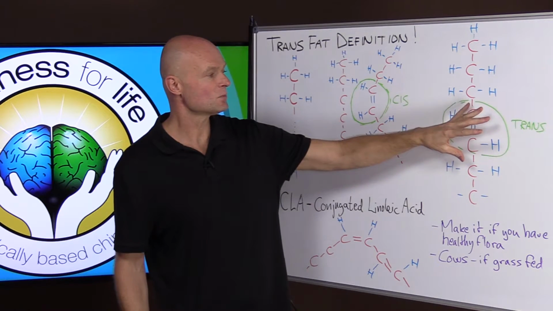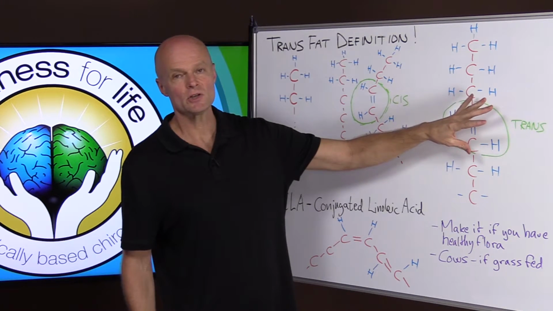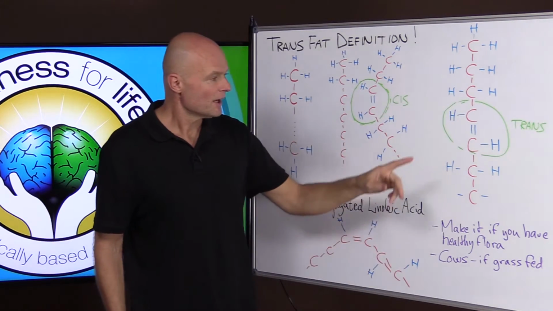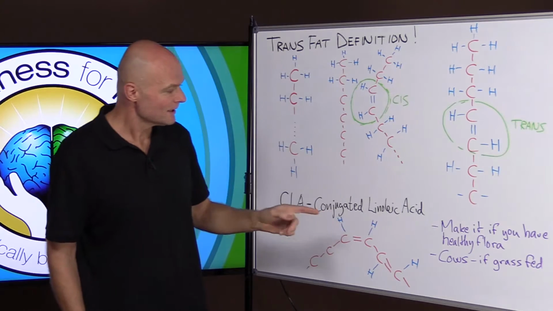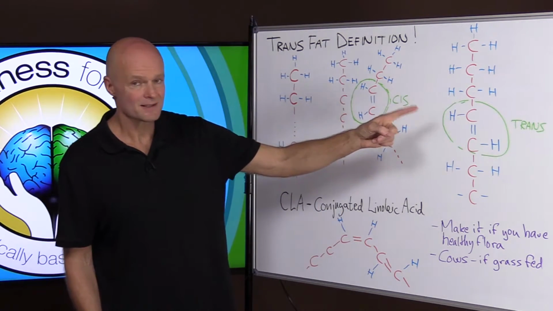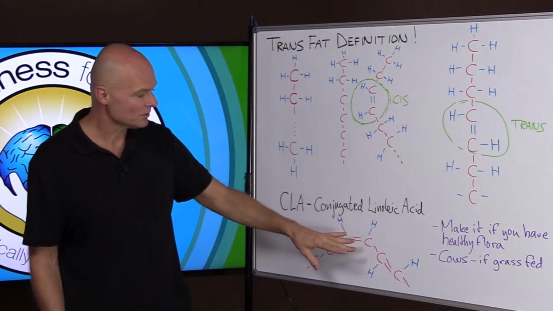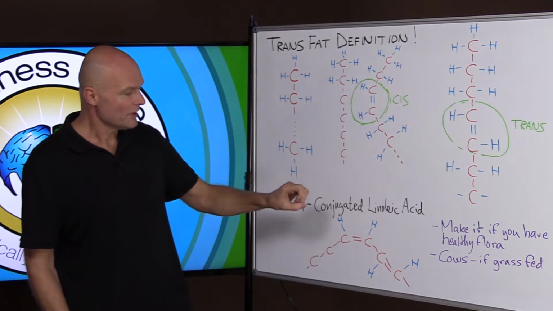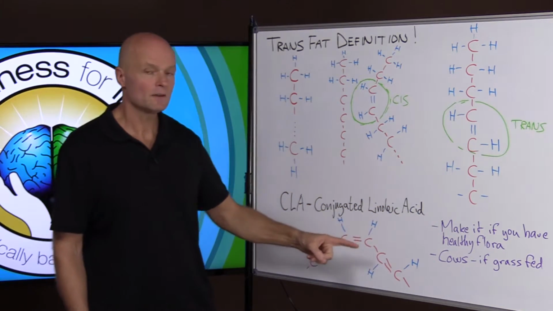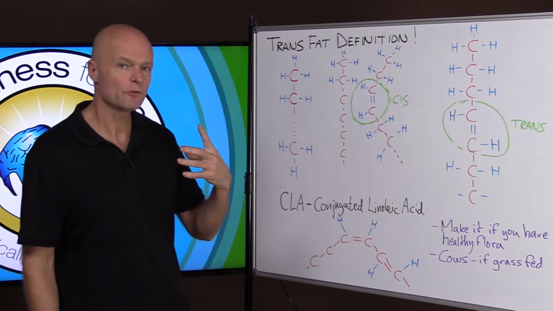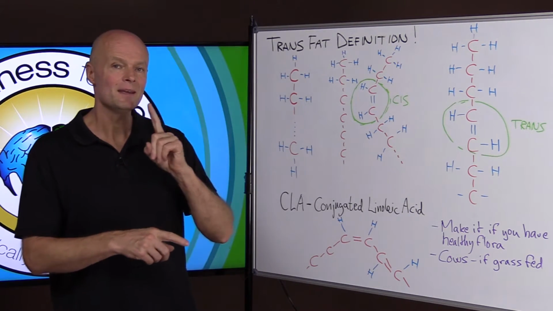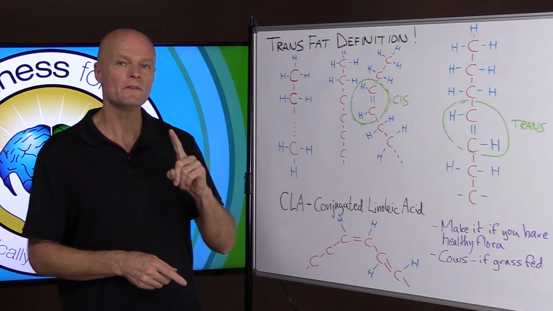Everyone agrees that this is one of the worst abominations of chemistry that we have ever produced. But just because they're a trans doesn't mean that this is a bad one. The synthetic is terrible and the natural is healthy. So if you have good gut bacteria, you can make this, but you can also consume it from dairy and meat if the cows were grass-fed.